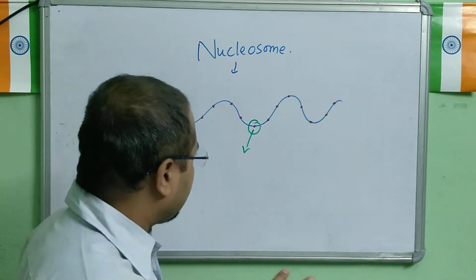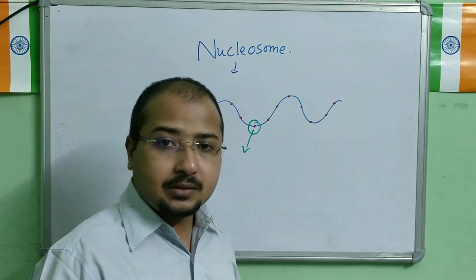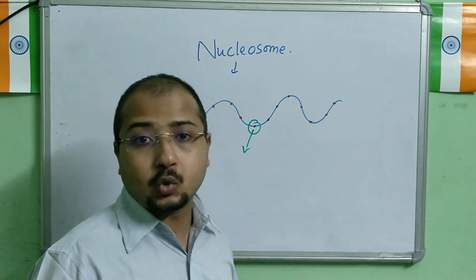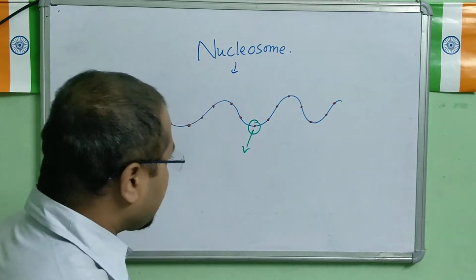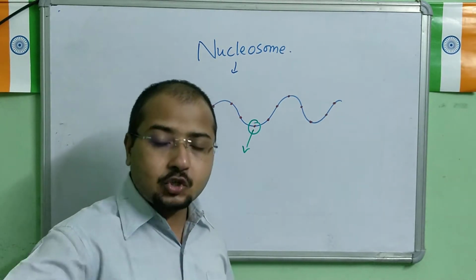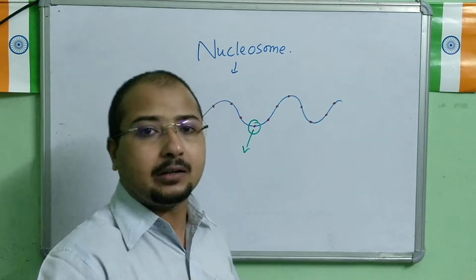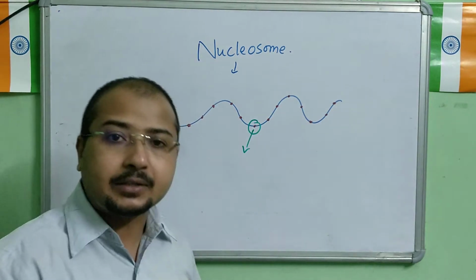First of all, we will see specific proteins present there, and these proteins are called histone proteins. Remember, there are 8 histone molecules together at a particular bead.